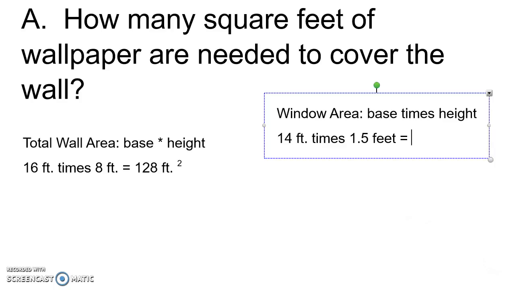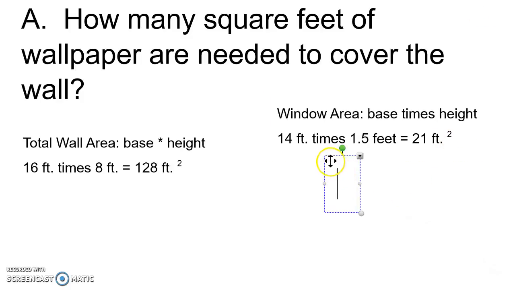And when I do that, I get 21 feet squared. Sorry, I have to put this little square up here. Okay, awesome. Now I'm going to go ahead and find the mirror and fireplace as well.